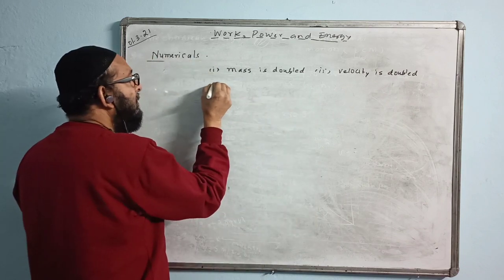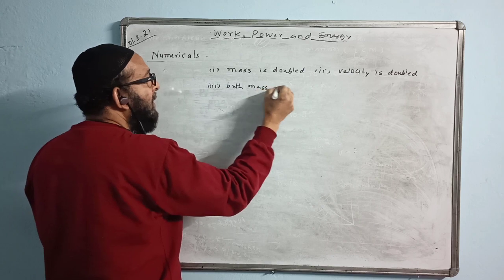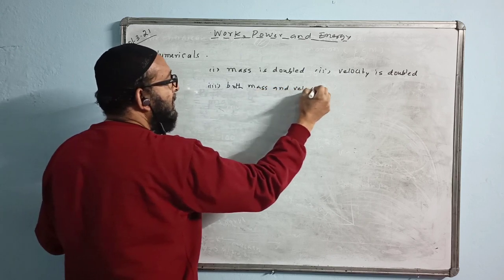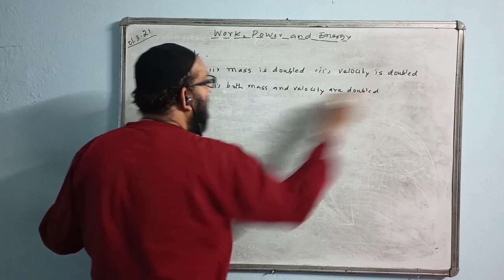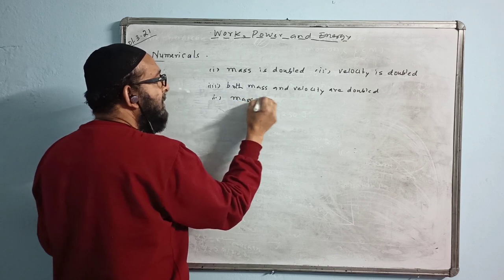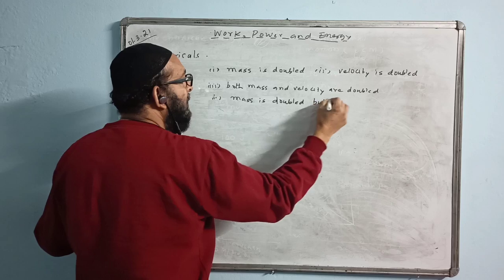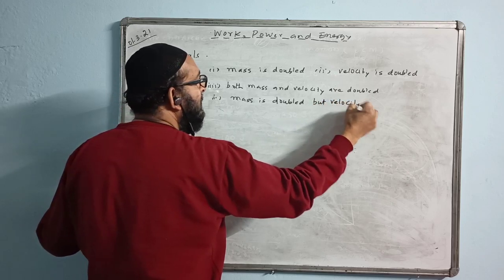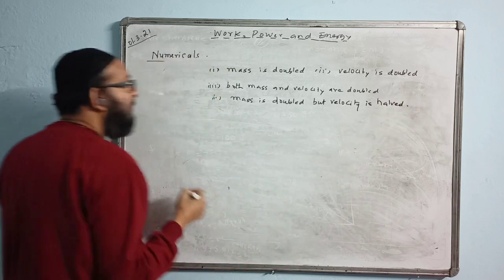Third case, both mass and velocity are doubled. And the fourth case, mass is doubled but velocity is halved. These are the four cases.